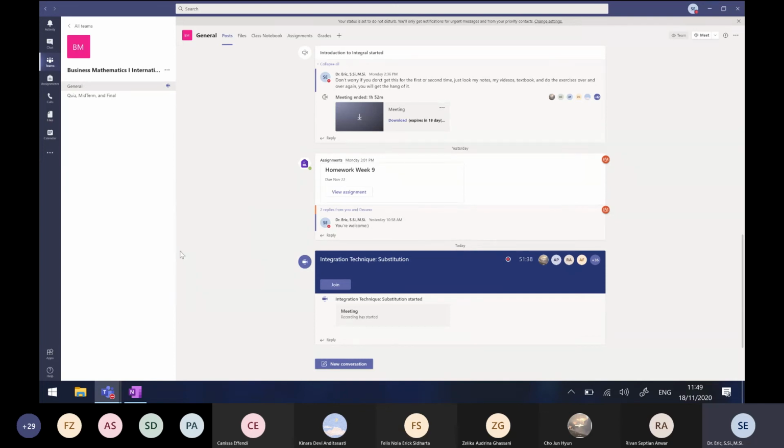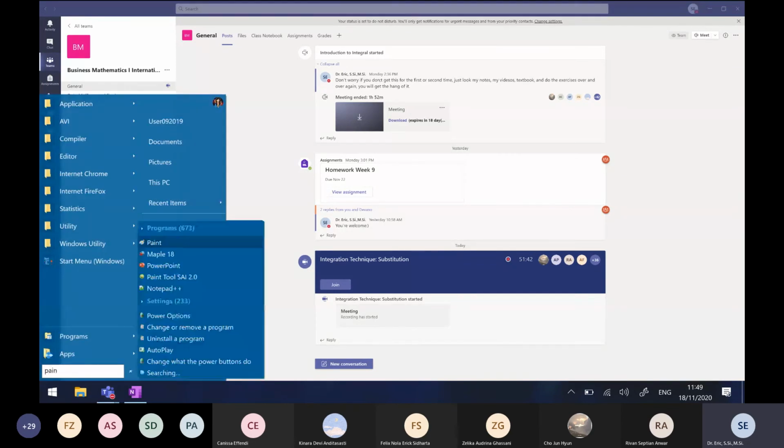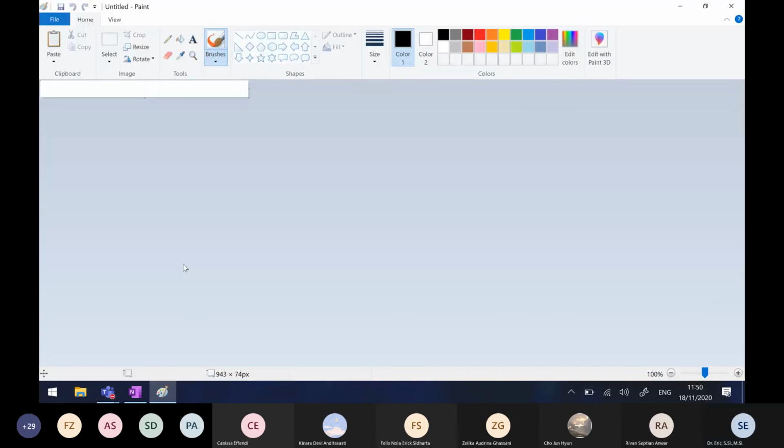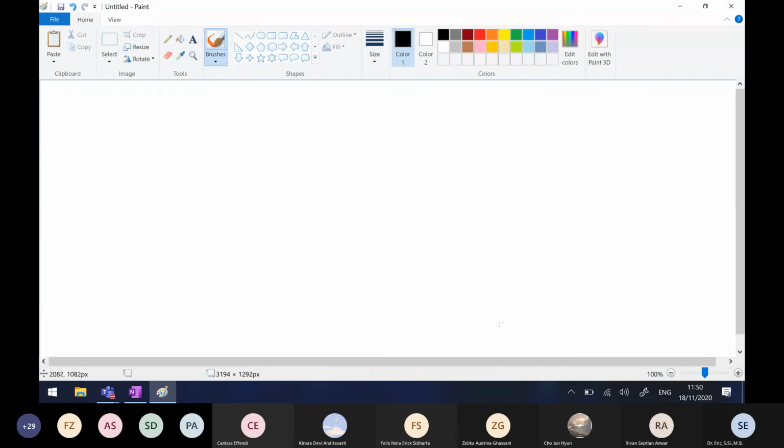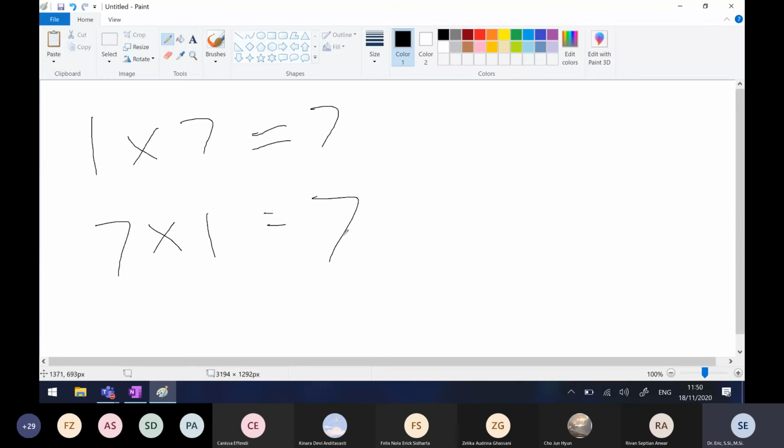In Indonesia there is a wise saying about this. Do you know the difference between this? This is the same: 1 times 7 is 7, 7 times 1 is 7.